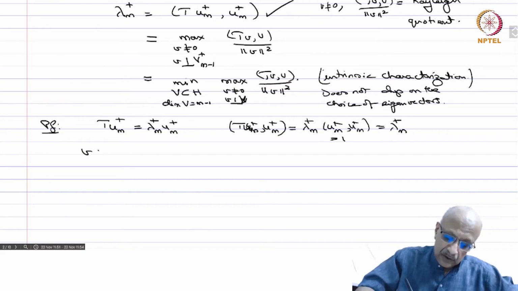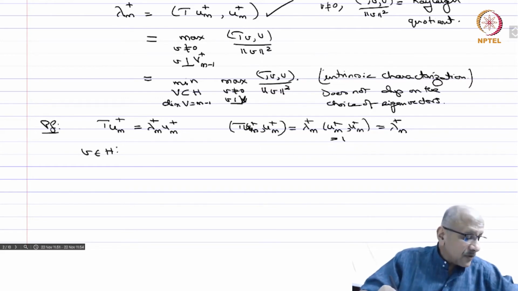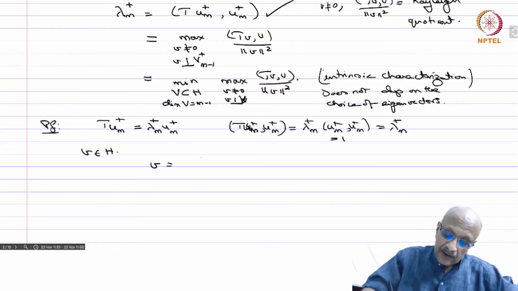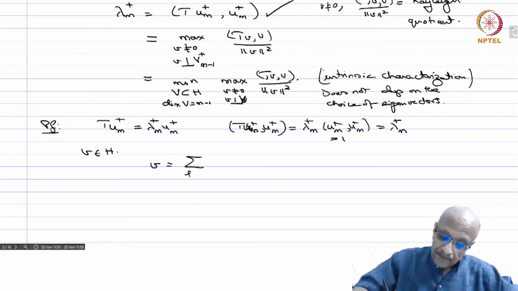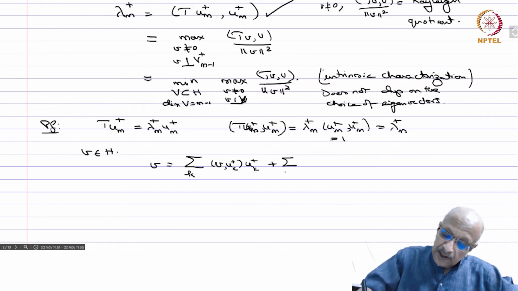Okay, now let us see the second. So let v belong to H. So you have an orthonormal basis of eigenvectors, and therefore you can write v is equal to sigma over k of (v, u_k^+) u_k^+ plus sigma over n of (v, u_n^-) u_n^-.